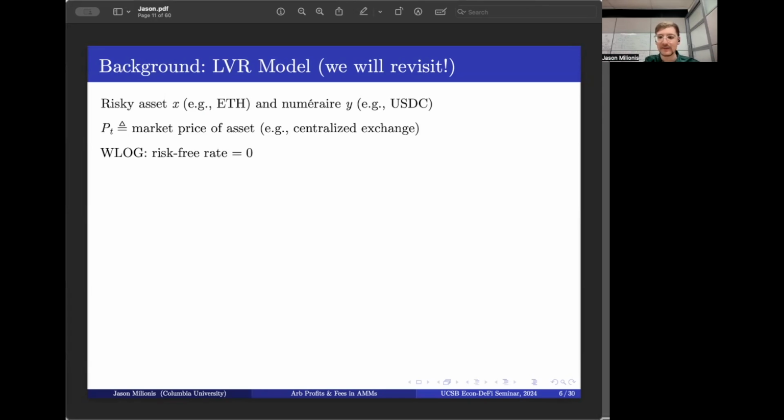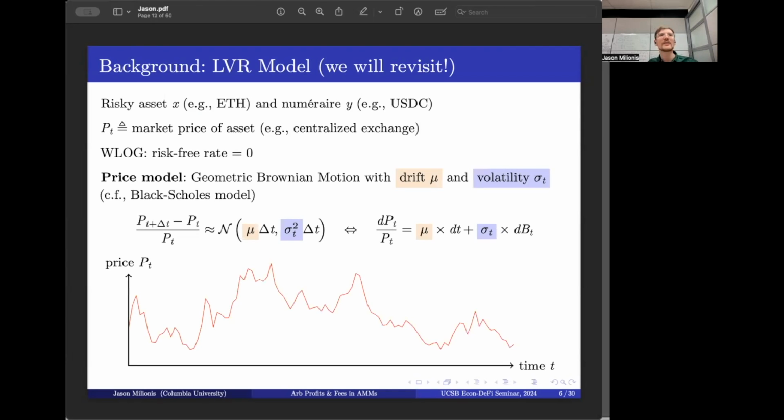That is completely without any loss of generality, as the Black-Scholes model shows, but we won't focus on that in this talk. We're going to have a probabilistic model for this market price, which is the standard model in quantitative finance, that of the Black-Scholes model.